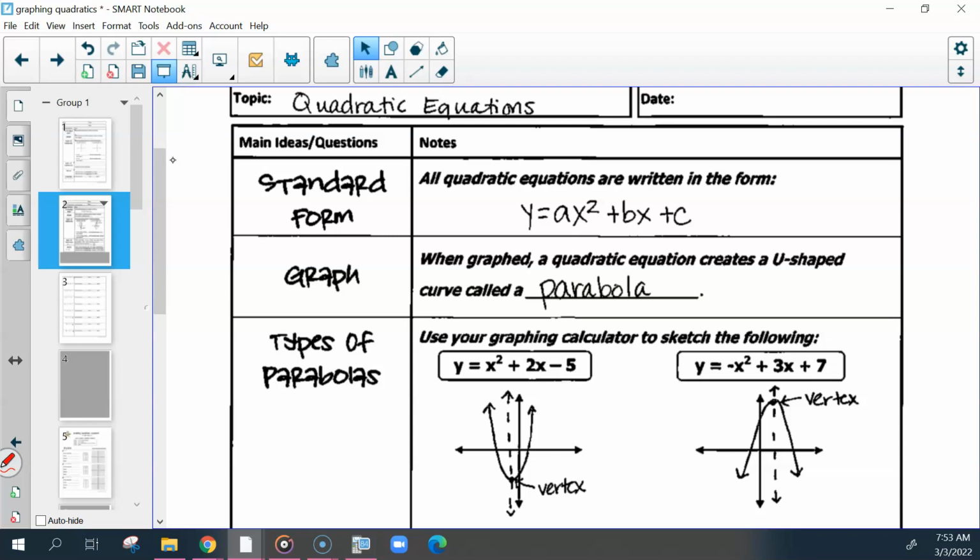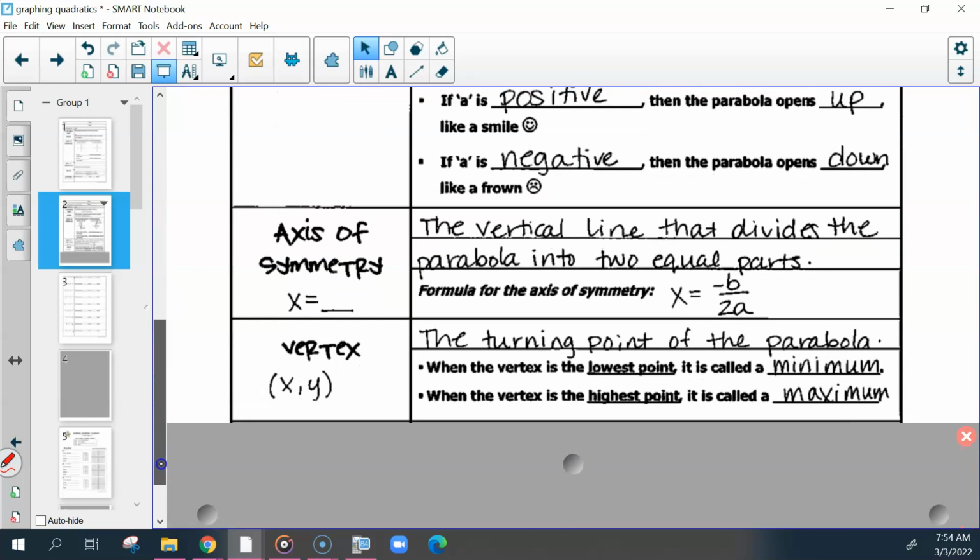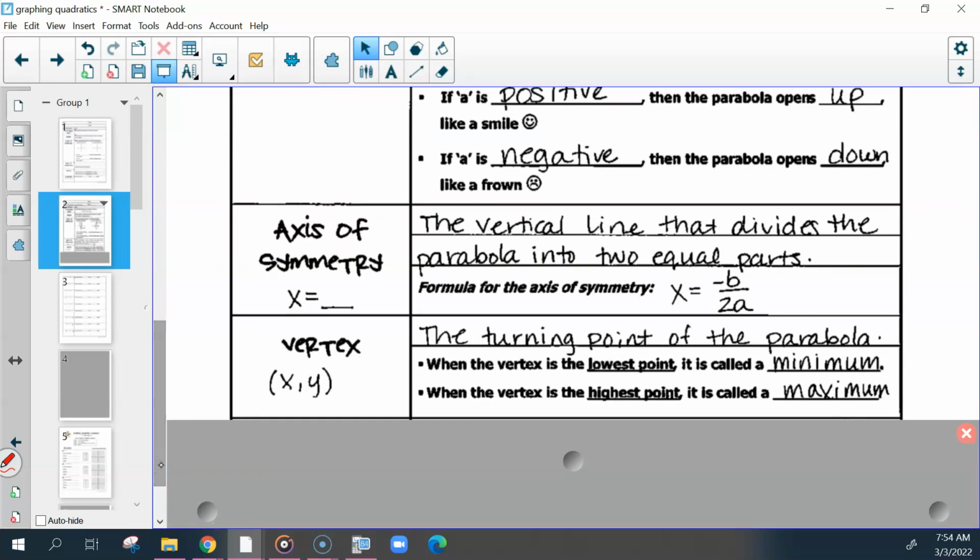So anytime you see this U-looking thing, that's your parabola. Anyone still need any of this? While we're finishing writing this down, go grab your calculators if you don't have it.